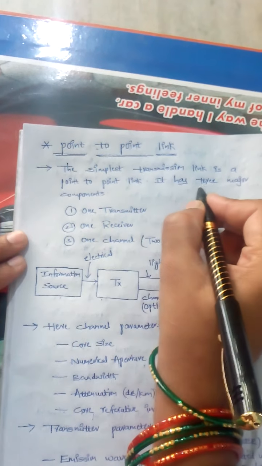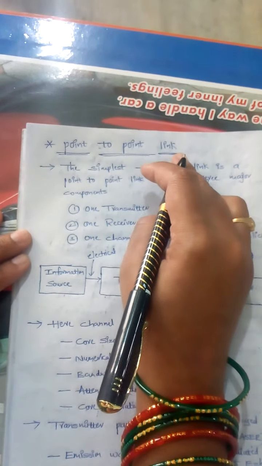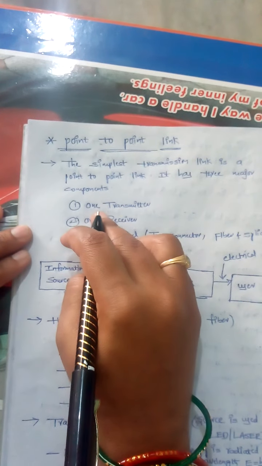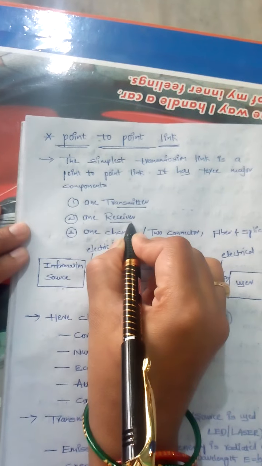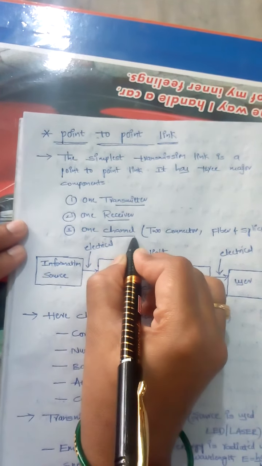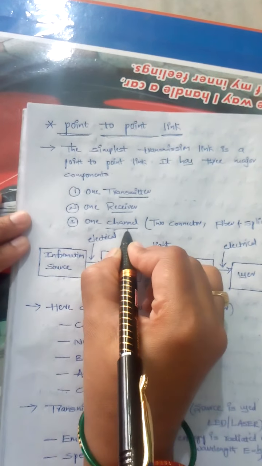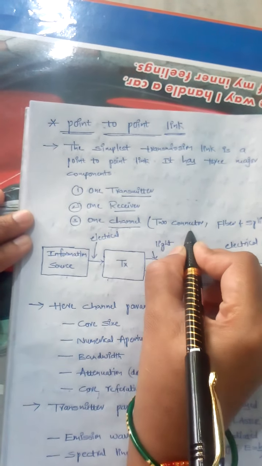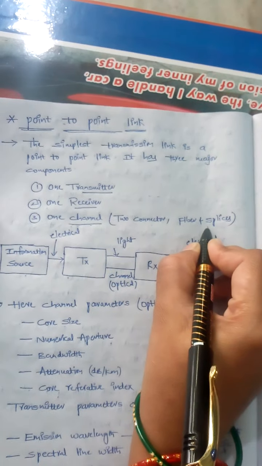It has three major components: one is the transmitter, second one is the receiver, and third one is the channel. In the channel, connectors, fibers and splices are connected.